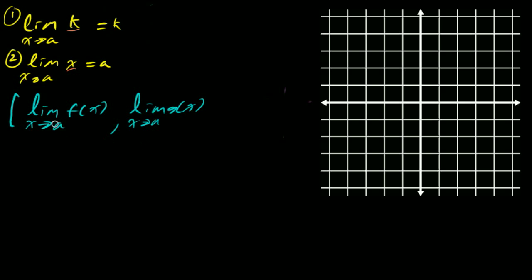But the precondition for all of those rules was that both of these limits, the limit as x goes to a of f of x and the limit as x approaches a of g of x, both had to exist and be finite.